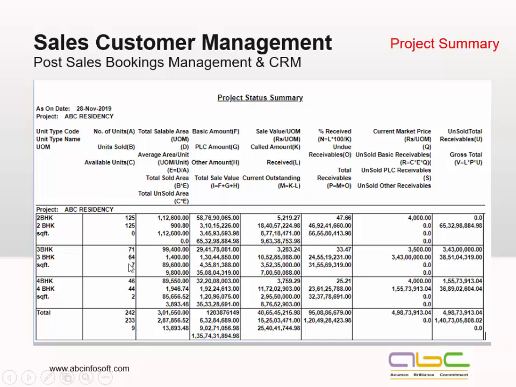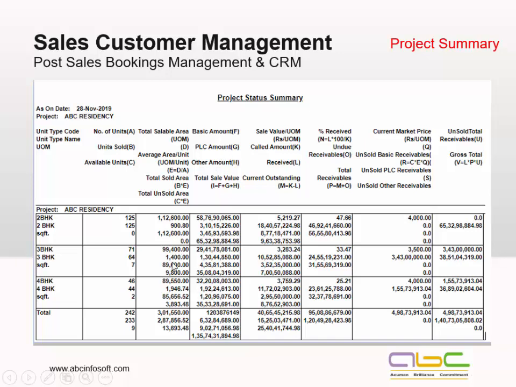Then what is my sellable area for this 3 BHK, average area for this unit type, and then sold area, and then unsold area. So for 3 BHK, total area is this much, per unit area is this much, this much area is sold and this is unsold. For the entire project, you can see this on the total line at the bottom.